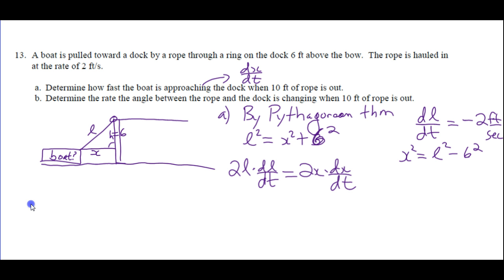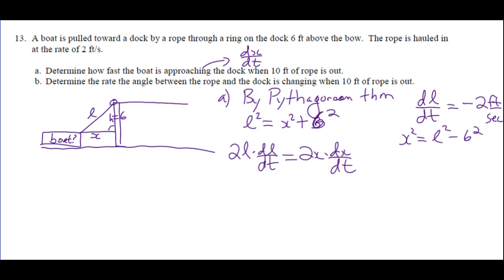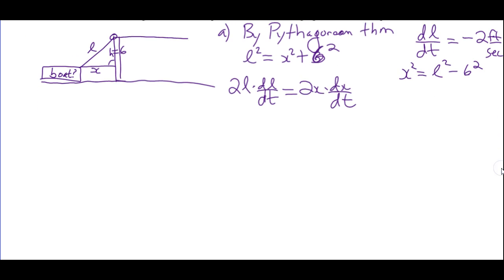L squared equals x squared plus 6 squared. So we want dx by dt, right? Let me slide this down. So, dividing out the 2 on both sides, dx by dt is equal to L divided by x times dL by dt.